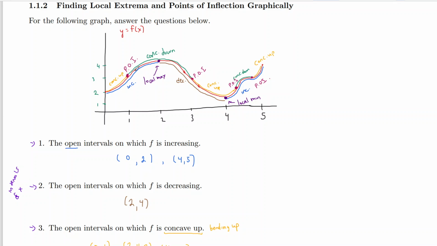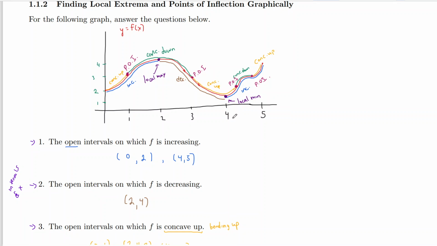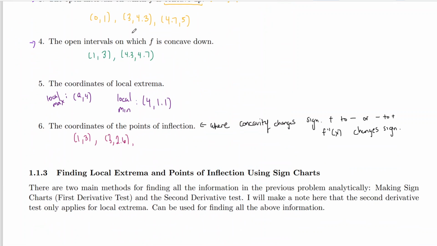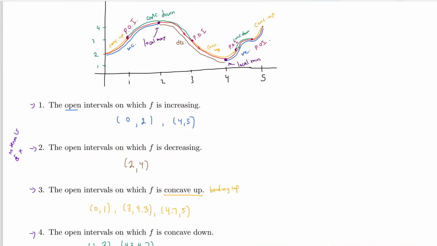All right, so we did the first 2, now the coordinates of this one here. The x value where this was breaking was 4.3. So I'm going to use 4.3 again, and the y value looks like it's right around 2, so I'm going to use 2. I only know I used 4.3 because I remember we ended the concave up at 4.3 and started the concave down at 4.3. So x is 4.3, and y is around 2 for this point of inflection.